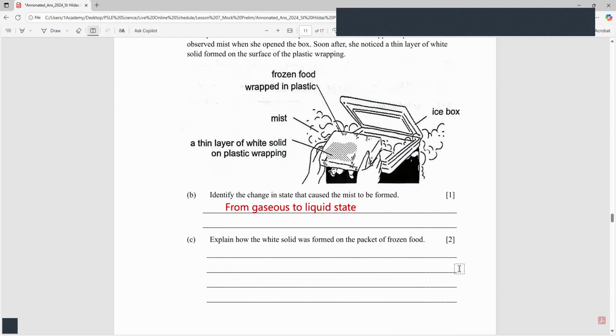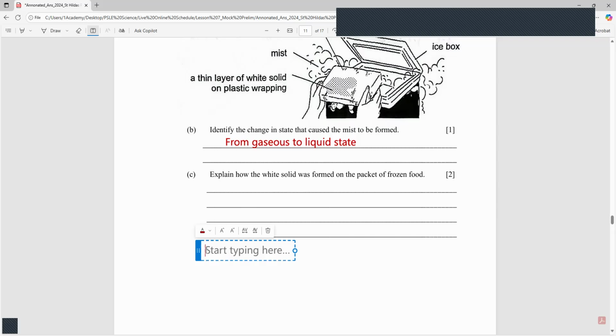Part B, explain how the white solid was formed on a packet of frozen food. This one is a two-step thing. Step one, the warmer water vapor from the surrounding loses heat, so it condenses to form tiny water droplets. Second step, the tiny water droplets lose heat further to form ice.